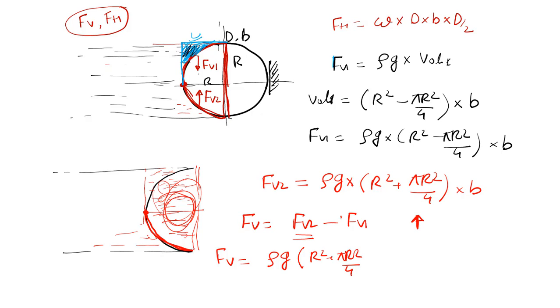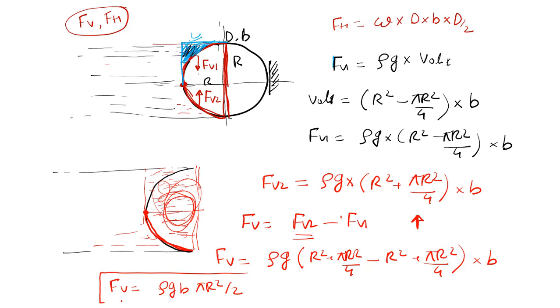B will also be common. So minus (r square minus pi r square upon 4). Finally we get rho g B pi r square divided by 2. Answer. So I hope this concept is clear to you all.